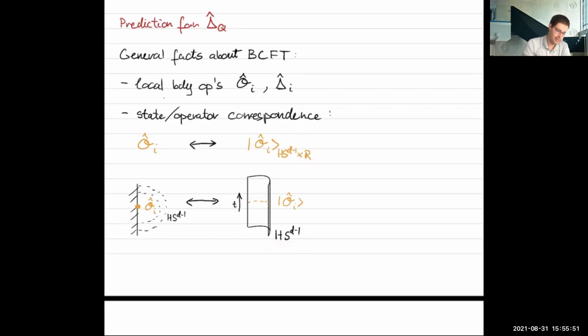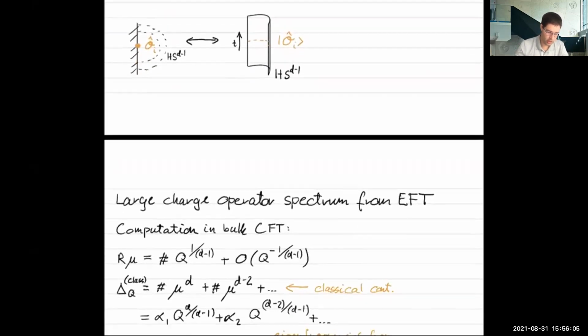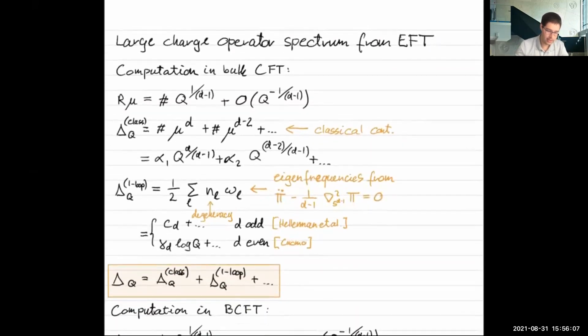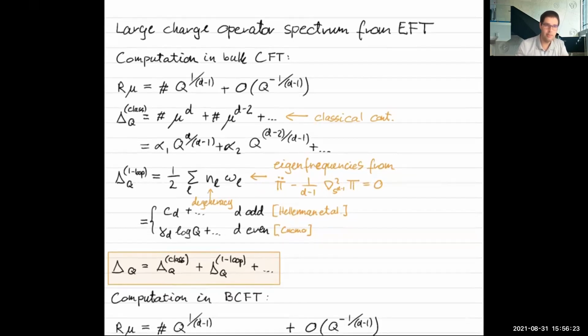So operators in BCFT, boundary operators, correspond to states of the theory quantized on the hemisphere. Just like in the bulk case, we will use the EFT to predict their dimensions from computing their energies on the hemisphere times time.